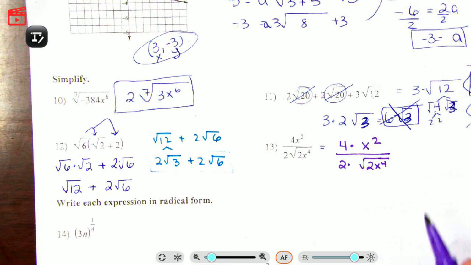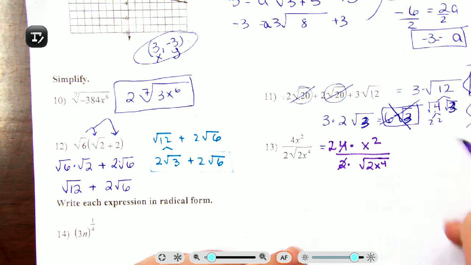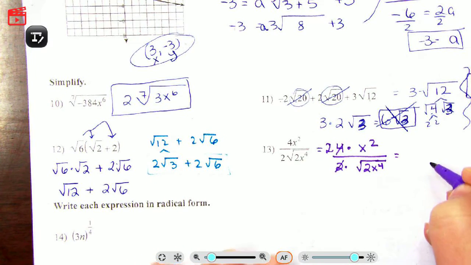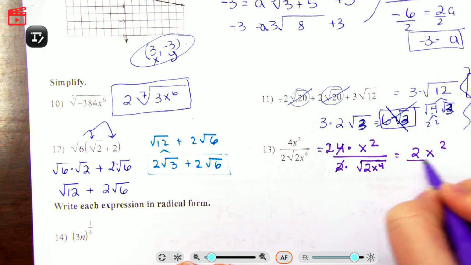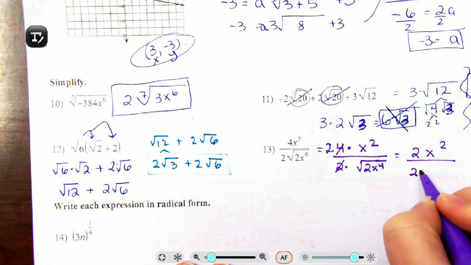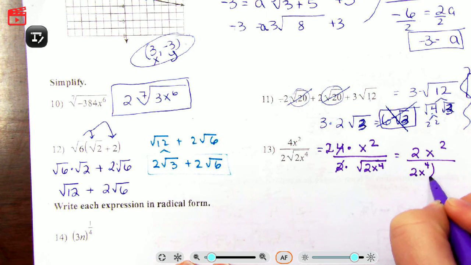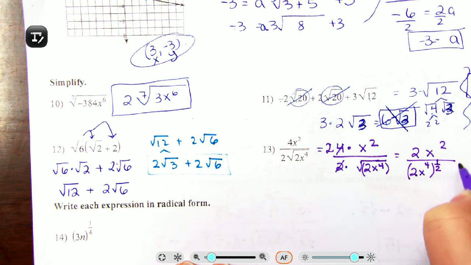Writing it out this way, you can see that 4 divided by 2 is just 2. This one here we need to rewrite in terms of a fraction. So I have 2x squared all over 2x to the fourth. And all of this, again, this is all in the bubble, to the 1/2 power.